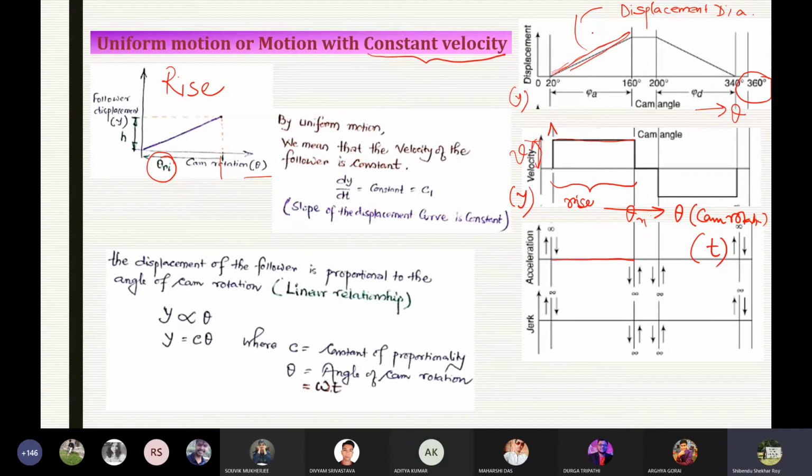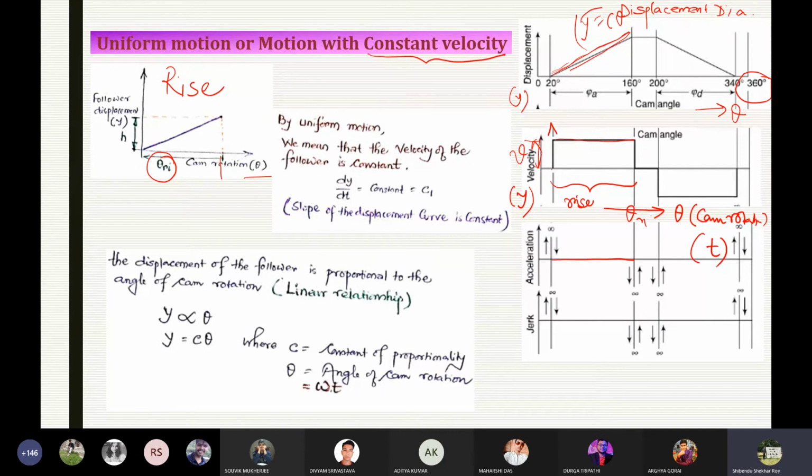This is the equation of the straight line, where c is the constant of proportionality. Compare it with y equals mx plus c, where m is the slope.